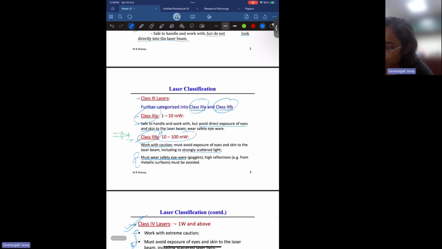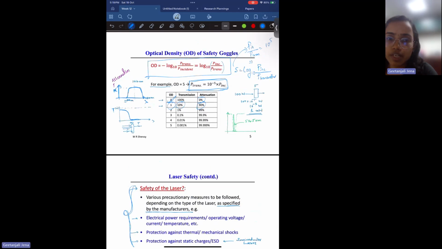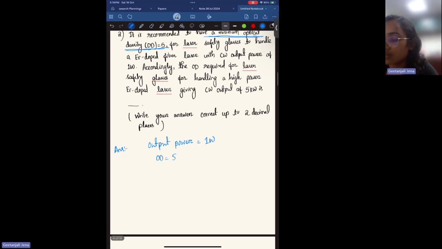I think we have discussed OD as log 10 P in by P trans. So you have to use this relation to find the minimum optical density required for a high power erbium doped laser. So what is given? That means log 10 P in divided by P transmitted equals 5.